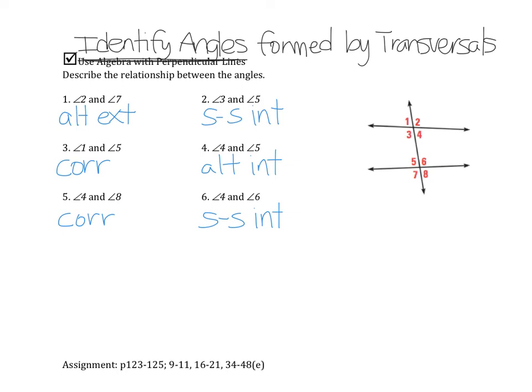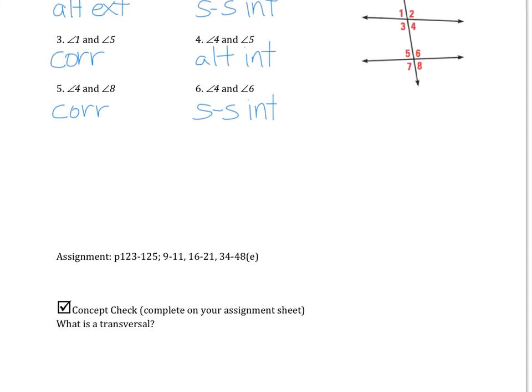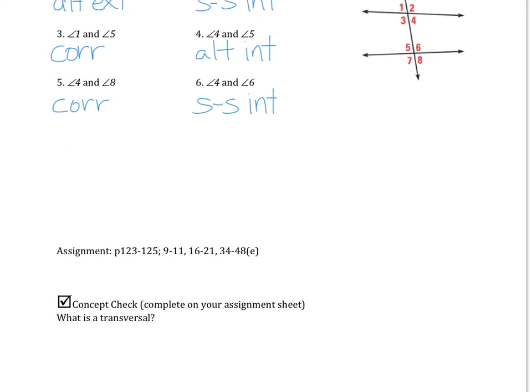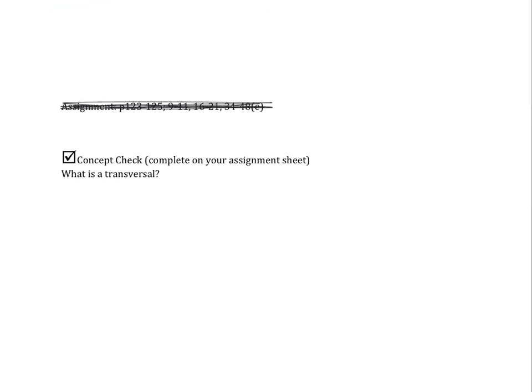Hopefully you did well with those. Once again, the assignment is not the assignment, so you want to make sure you check the assignment on Schoology. And we're going to answer, what is a transversal?